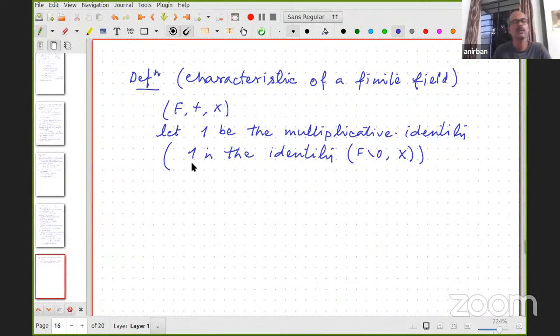It has nothing to do with the integer 1, just write it as 1.